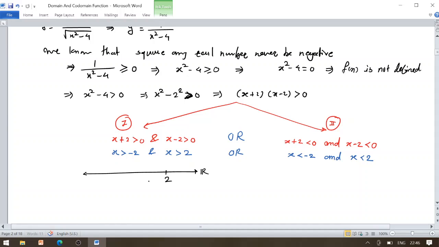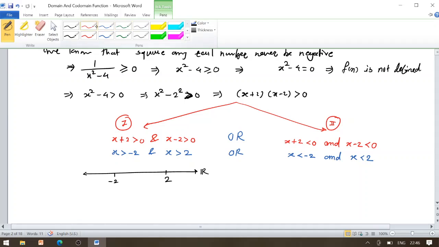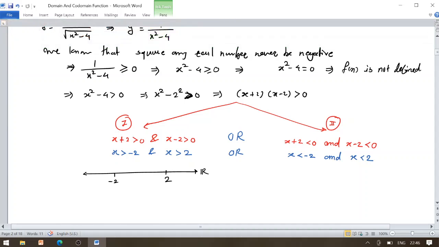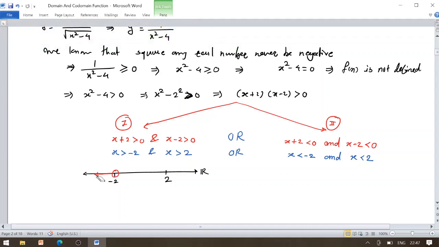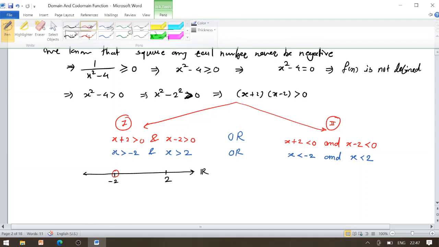Somewhere we have a 2 on it and to the left of it we have a minus 2. Which numbers are strictly greater than minus 2? Minus 2 is not included, and the numbers just right of minus 2 are always greater than minus 2.